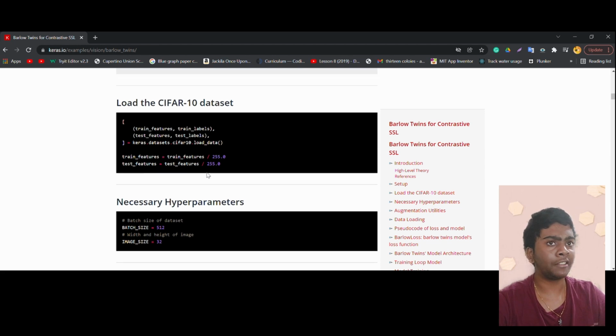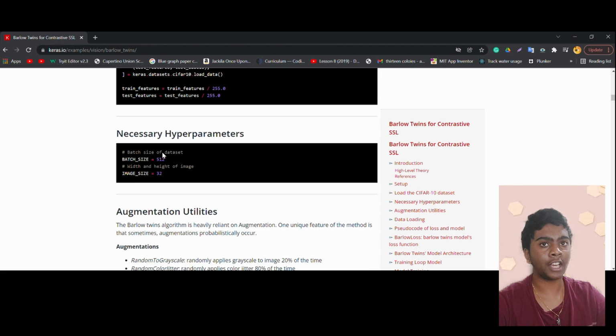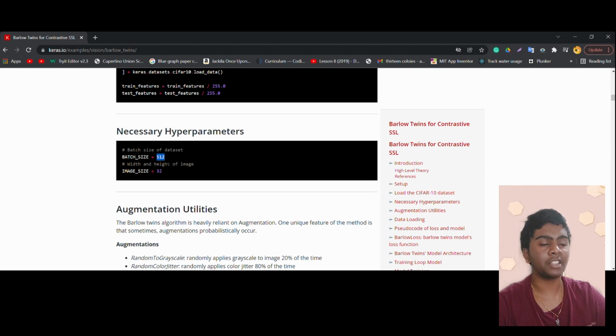Here I'm using CIFAR10, and as you may remember, I mentioned that I found ResNet 34 and two batch norm, dense, batch norm, ReLU intermediate layers in the projector network to be the most helpful, I guess. And as you can see, my batch size is 512 and my image size is 32 by 32. That's expected.